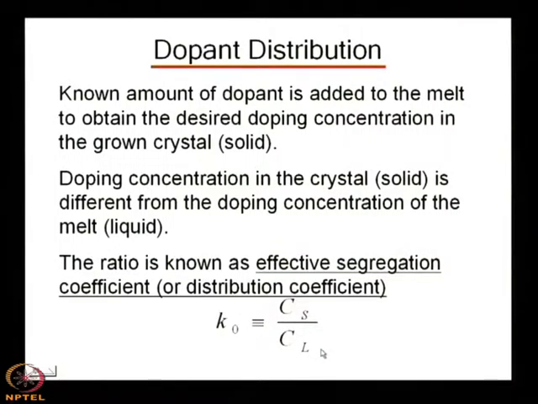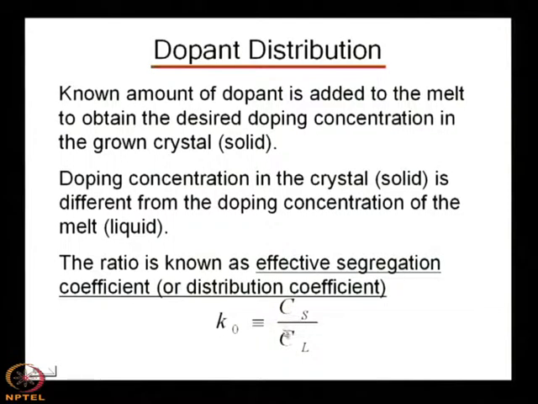for liquid. People have taken the experimental data to obtain this CS and CL, and they found that in almost all the cases it is less than 1. Okay. So, if the ratio CS by CL is less than 1, what it implies? It implies that the impurity is rejected to the melt.